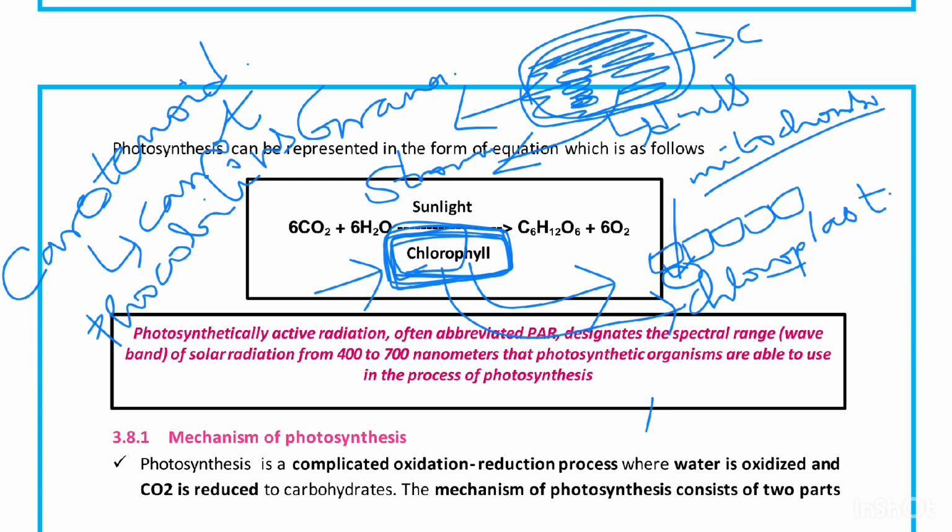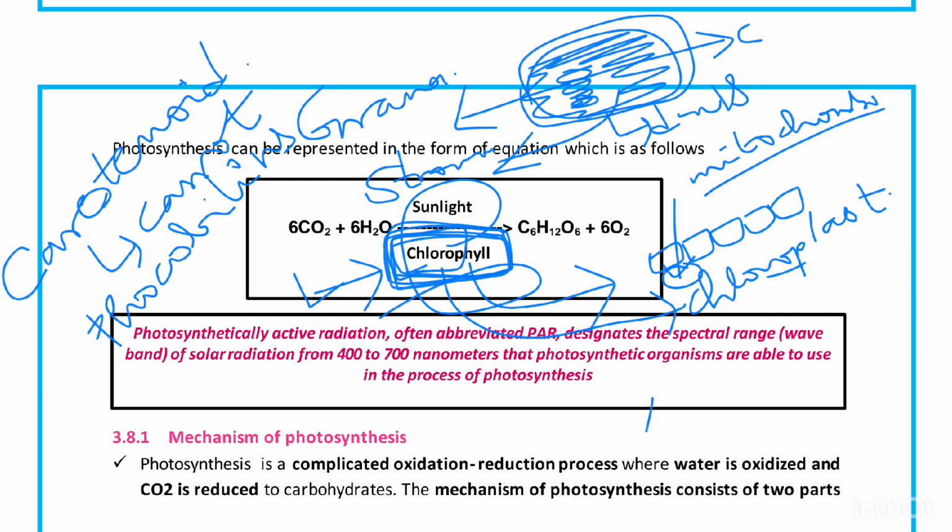This pigment helps in capturing the sunlight so that photosynthesis takes place. The process of photosynthesis can initiate with the help of chlorophyll. You should remember that chlorophyll is the pigment that captures the sunlight.